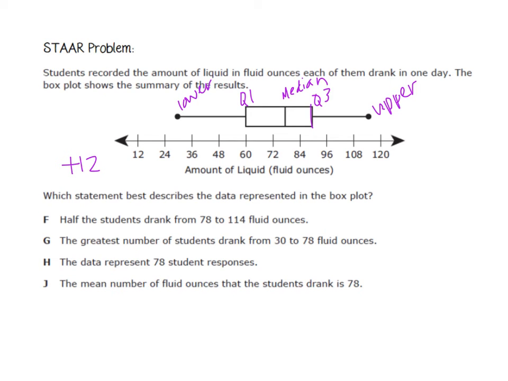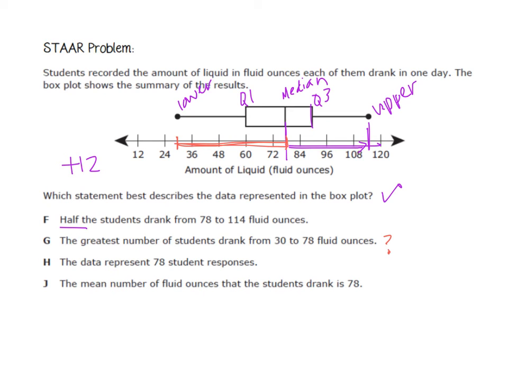So I'm looking at this first one. It says half of the students drank from 78 to 114. So 78 would be right here, and 114 would be right there. And it says half of the students. Well, that one seems plausible because that is 50% because it's the upper half. So I kind of like that one.